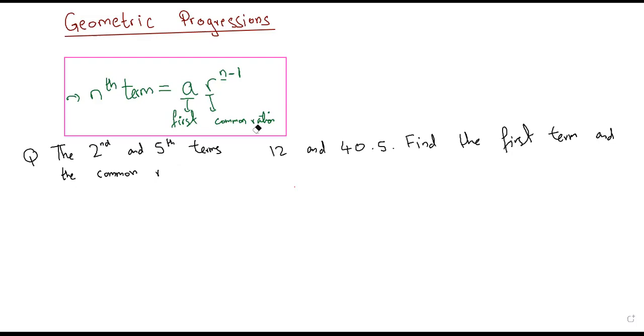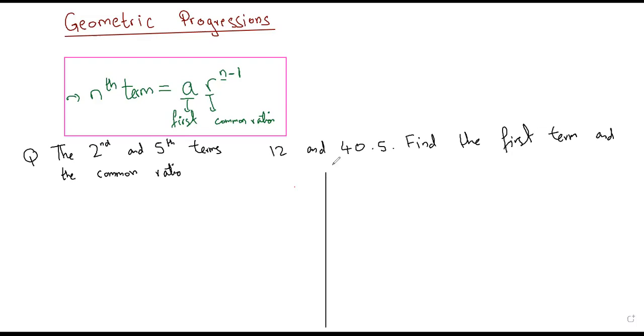Okay, again, we have some information. We need to use that information in order to make equations. Once we have those equations, we can solve them simultaneously, and we would be able to find first term and the common ratio.